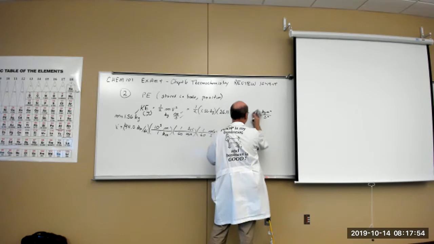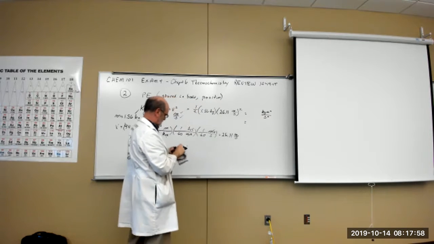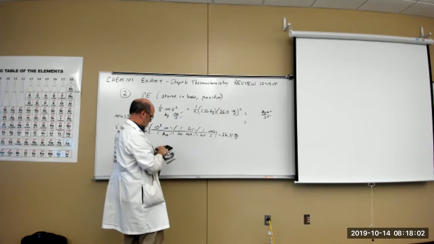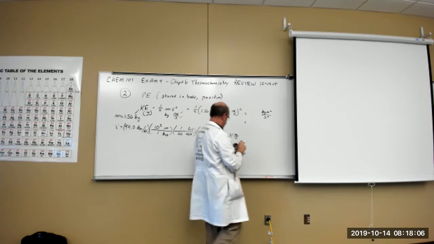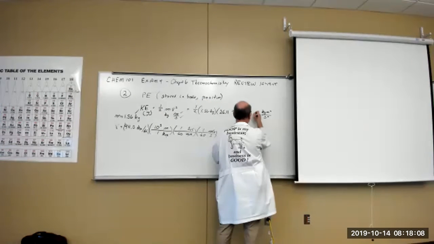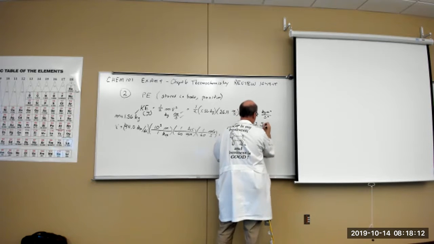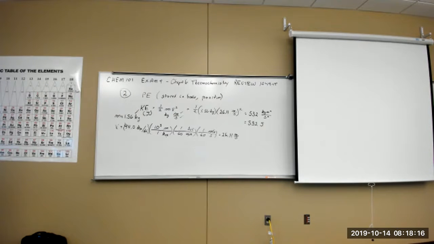Okay. Now what do we get? Let's square that one. So now I get 532. Is that one of our answers? Well, actually, all the answers are in kilojoules, aren't they?